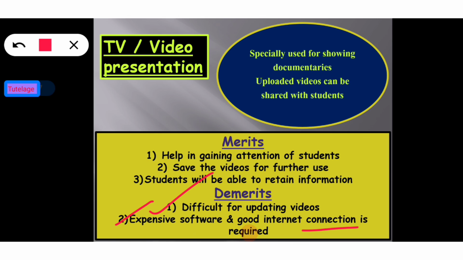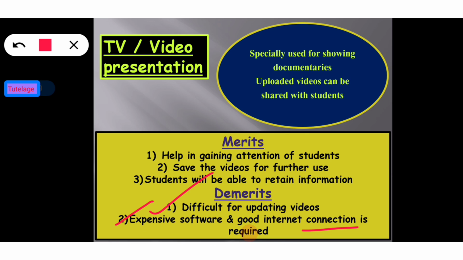So for accessing online lectures and presentations, good internet connectivity is required, and this is only one-way communication. Queries of the students are not resolved as they cannot ask questions to the expert in the video, and this is one of the most important demerits of the TV or video presentation. And we have already told that thing, video presentation or telecast on television has the main drawback, the lack of two-way communication.